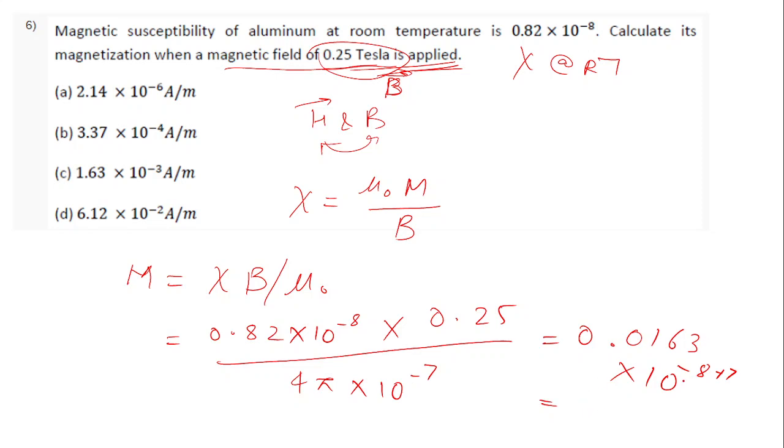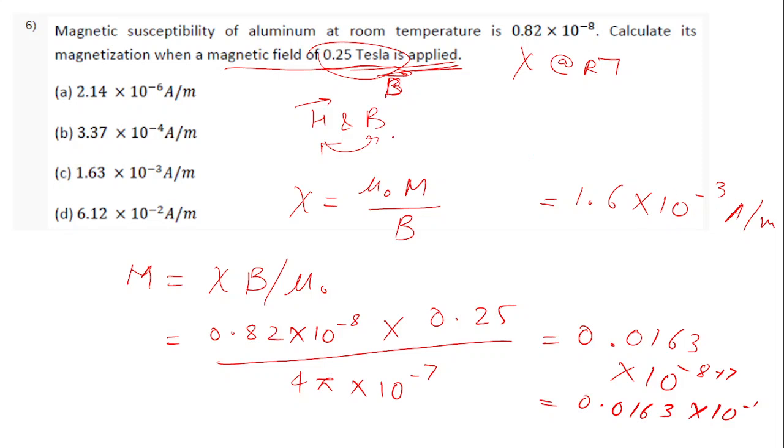So this is 0.0163 times 10 to the power minus 1, or we can write it like 1.6 into 10 to the power minus 3 ampere per meter.